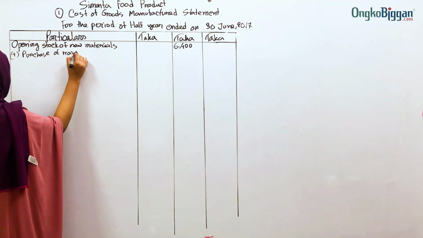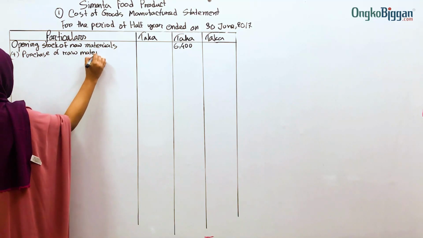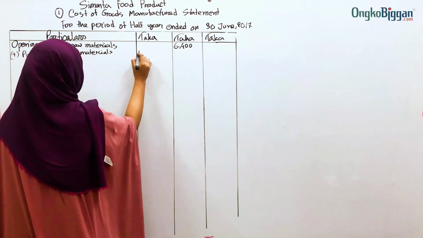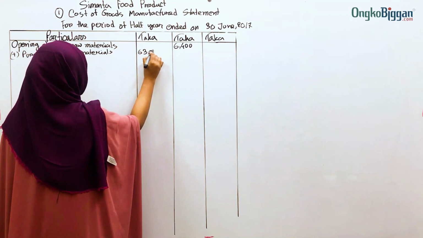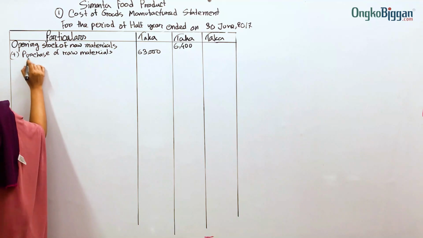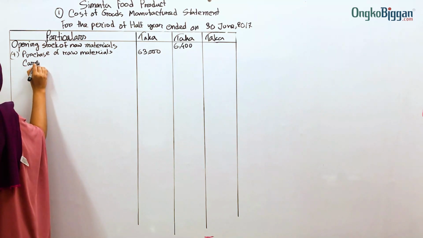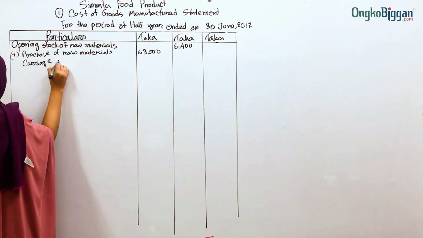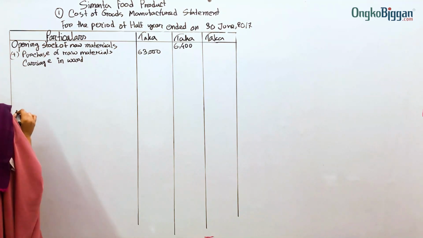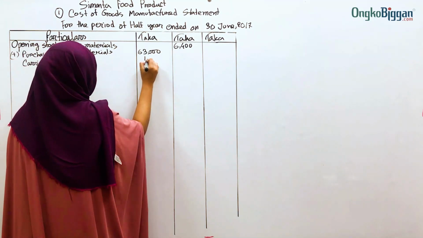Purchase of raw material actually comes 63,000. Then with that I have to add carriage inward, 1,000.